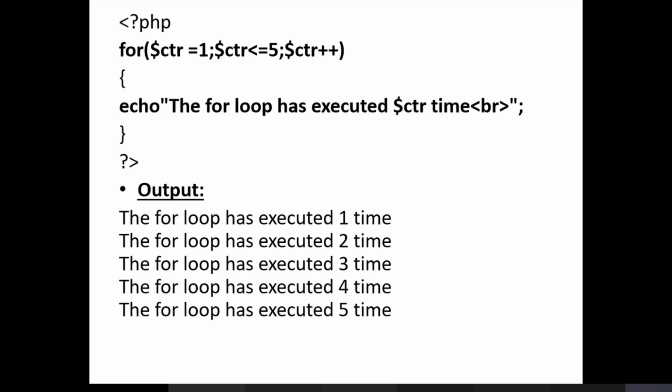So the control will terminate this code and come out of the for loop. So the output we obtained after the execution is the for loop has executed 1 time, 2, 3, 4 and 5 times. That is the output that will be displayed on your screen.